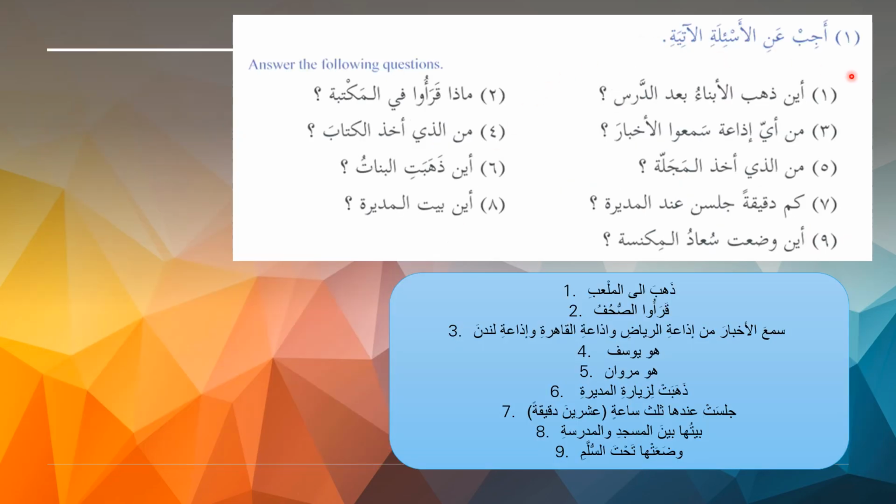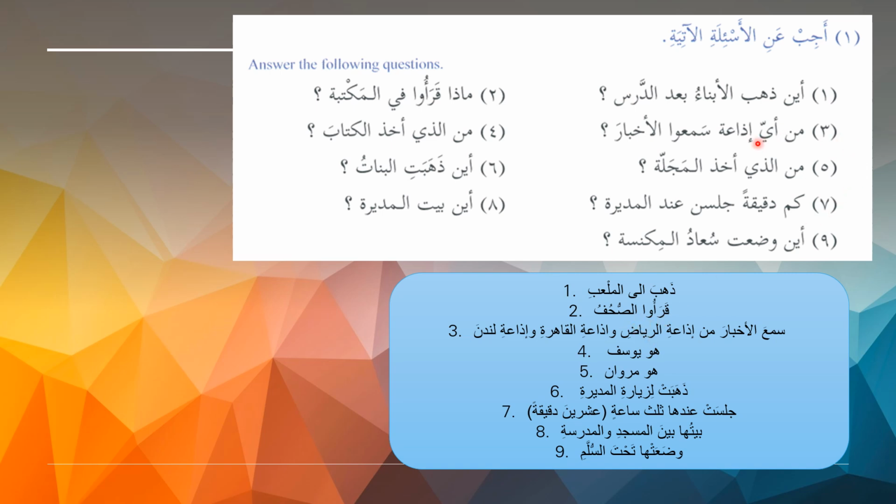This is the first question of the lesson. So coming to the first question, أجب عن الأسئلة الآتية. أين ذهب الأبناء بعد الدرس؟ ذهب إلى الملعب. They went to the playground. And ماذا قرأوا في المكتبة means what did they read in the library? It is a mistake. It should be قرأ الصحف.